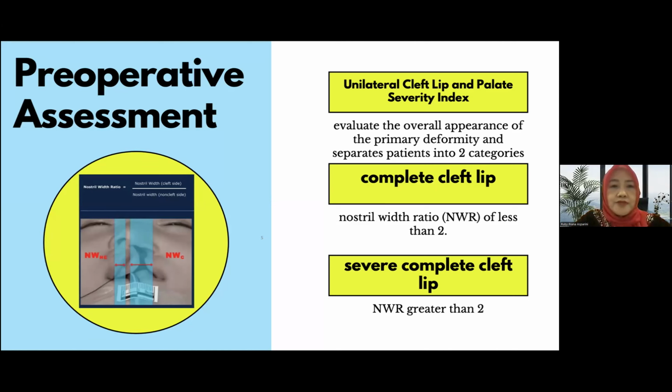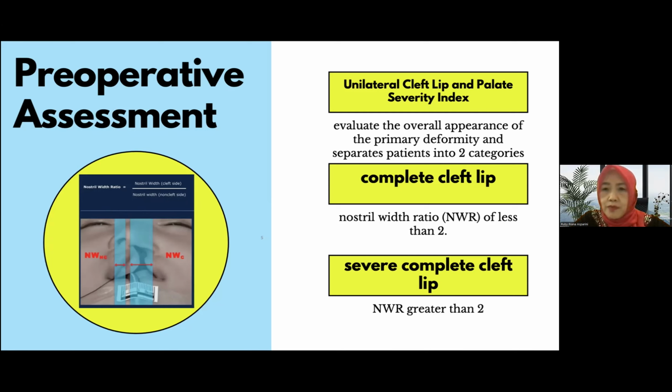The preoperative assessment uses the nostril width ratio, which is the ratio of nostril width of the cleft side and nostril width of the non-cleft side. The unilateral cleft lip and palate severity index evaluates the overall appearance of the primary deformity and separates patients into 2 categories.